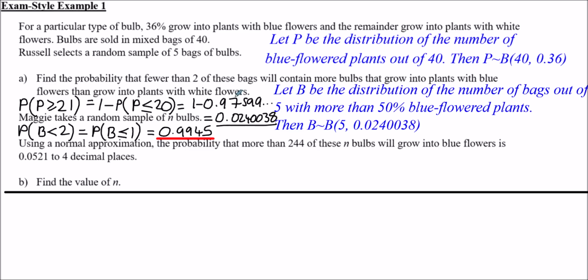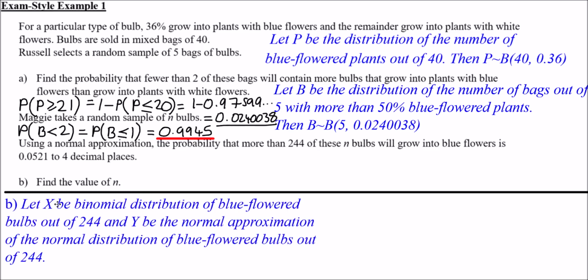So what we need to think about now is how to approximate this as a normal distribution. First of all, I'm going to let big X be the original and exact binomial distribution of blue flowered bulbs out of these 244. I'm going to let big Y be the normal approximation of that distribution of blue flowered bulbs out of 244.